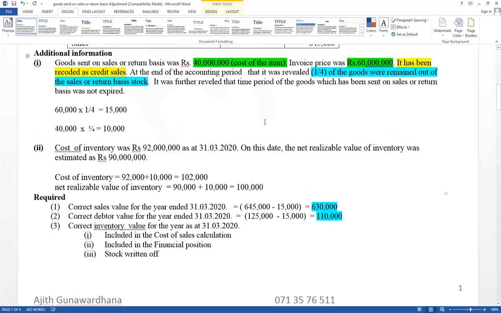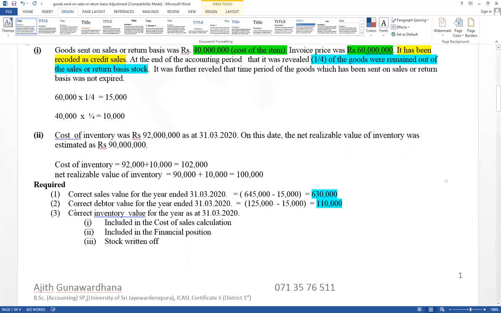It affects the inventory adjustment also. The correct inventory value for the year end 31st March should be included under cost of sales calculation. Based on the matching concept, under cost of sales calculation, the cost value of inventory equals 102,000.